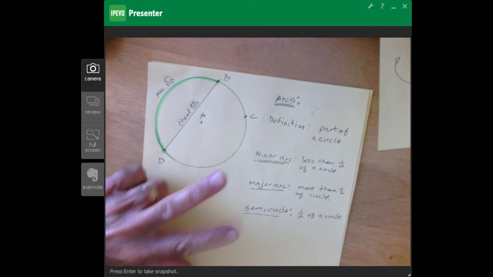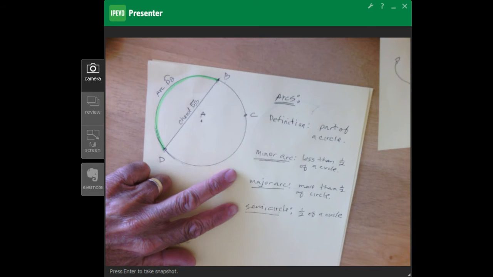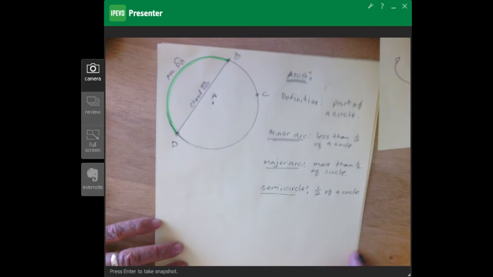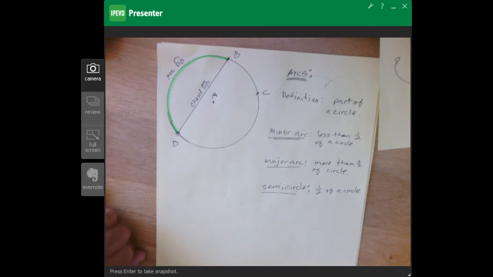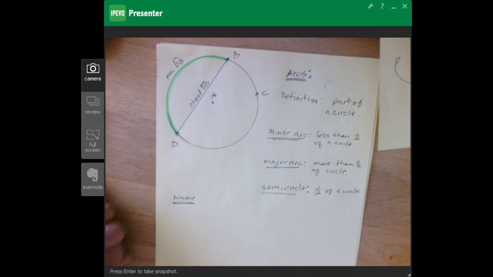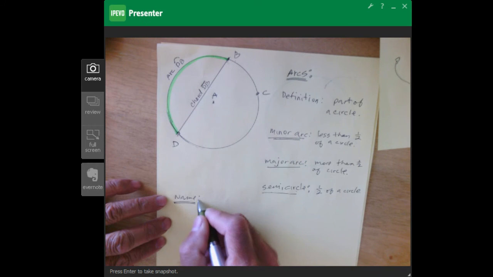Okay? Now all 3 of these are going to be named using the endpoints, but it can be a little tricky sometimes. You need to make sure that you have the endpoints, but when you name them, sometimes you have to use three points. Sometimes you can use 2 points.